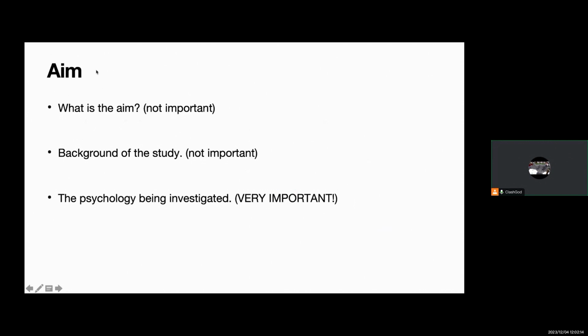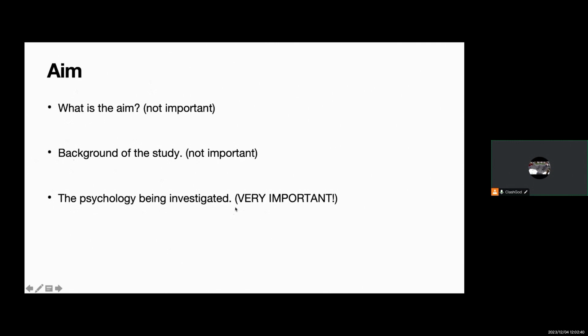This might seem obvious, but the aim is very big, very large, very general, and there are about three aims of the study. The second, we will talk about the background of the study, which is what led to this study, or why this study is different from previous research. And finally, we will talk about the psychology being investigated. This is the very important part because it commonly comes up in the exams.